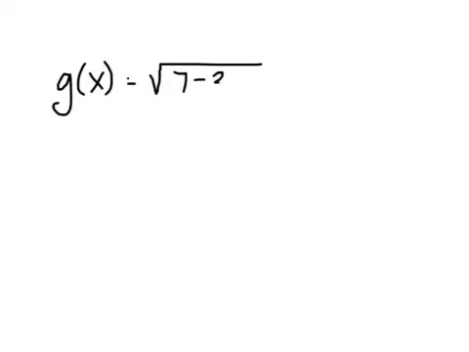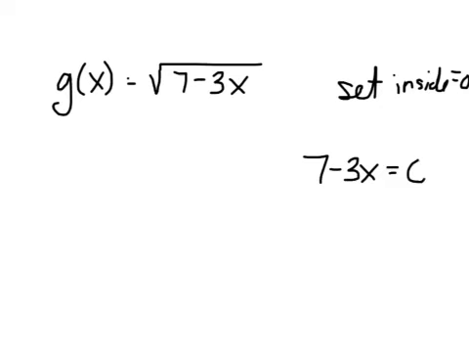If you have a square root involved, so if I have g of x equals the square root of 7 minus 3x, you're going to set the inside equal to 0 this time. So 7 minus 3x equals 0.